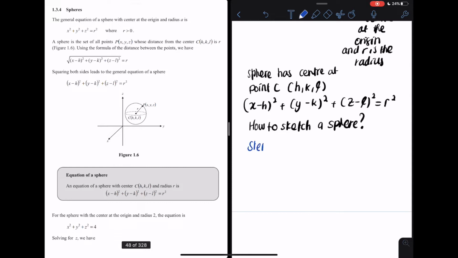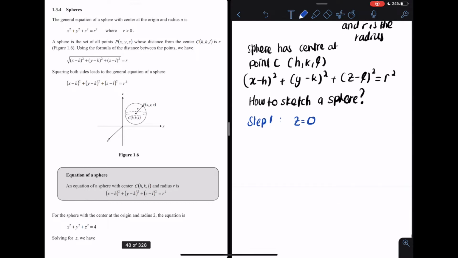Step number 1, you will let z be equal to 0, because you would like to observe your surface from the z direction. This surface from the 3-dimensional coordinate system will be mapped onto the xy plane in the 2-dimensional coordinate system.